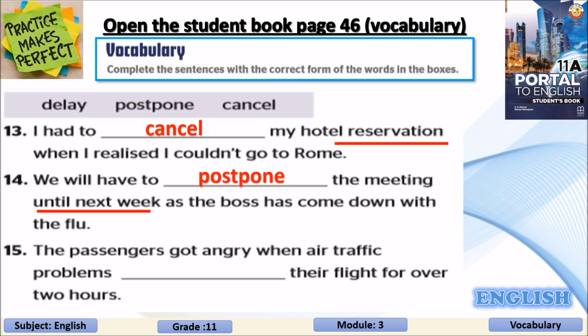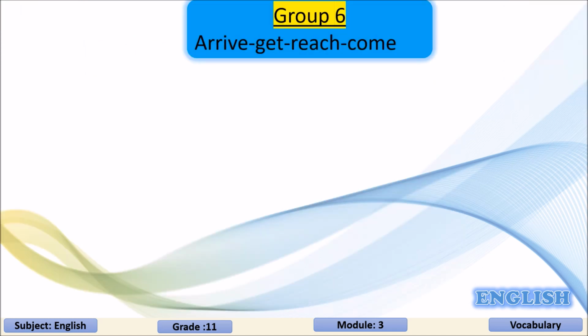So we changed the date of the meeting here. So it's to postpone. The passengers got angry when air traffic problems their flight for over 2 hours. So what happened to the flight because of the air traffic? It was delayed.